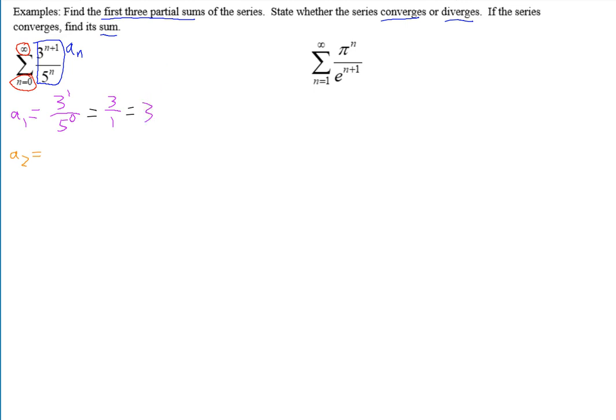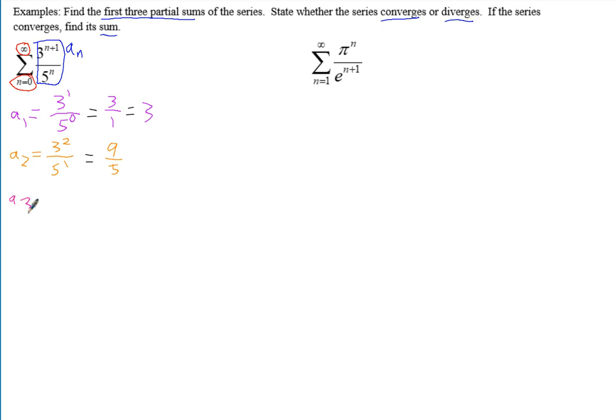And then the second term, now we plug in the next integer after the starting number, which is 1. So here's where we get 3 squared over 5 to the first. So that's where you get 9/5 is your second term. And then the third term.